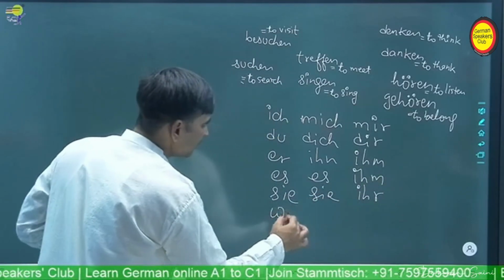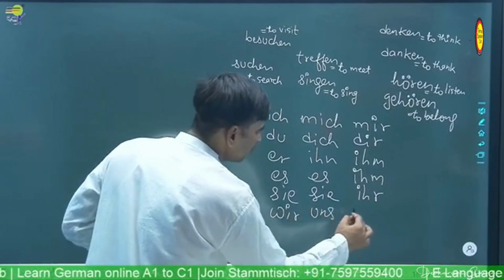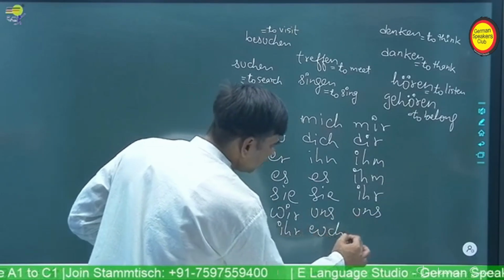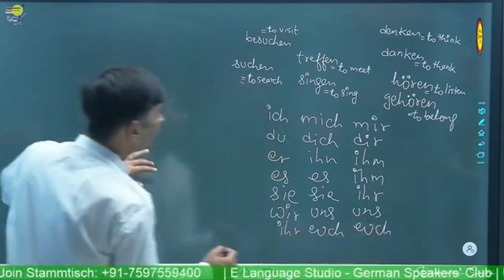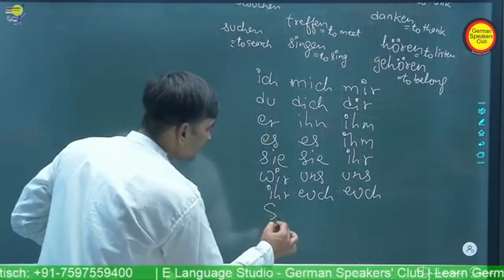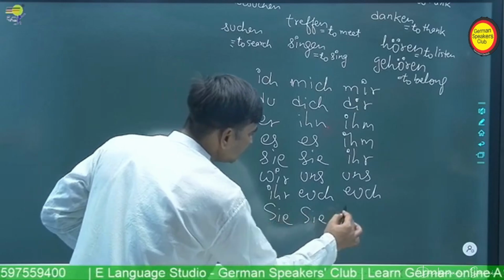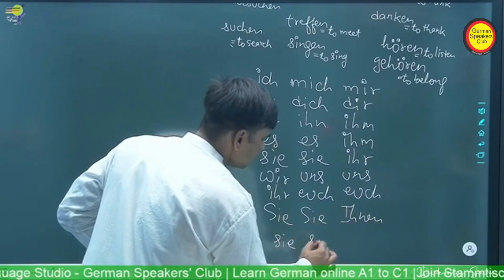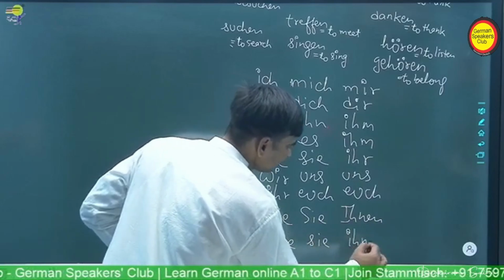Now I will come back to the same table. Ich, mich, mir. Please don't get bored because it doesn't matter much, I'm here to teach you. So we have du, dich, dir. Then we have er, ihn, ihm.